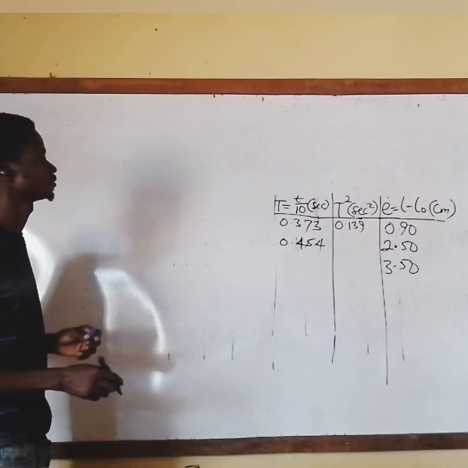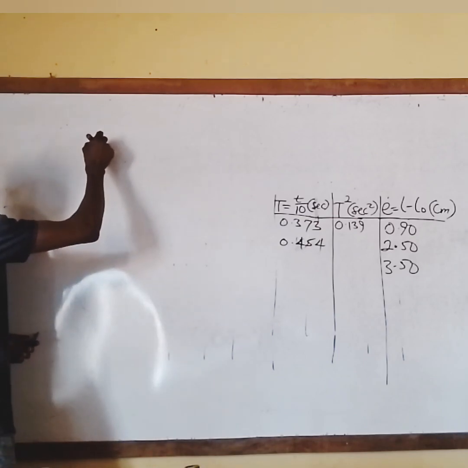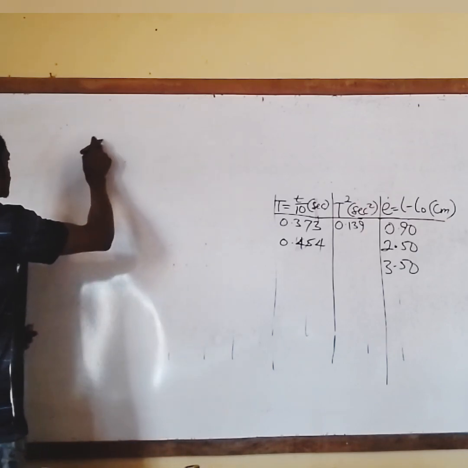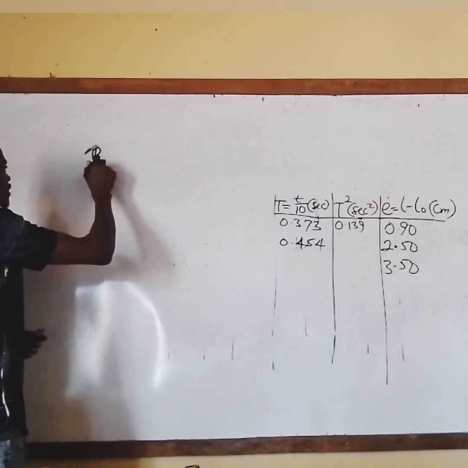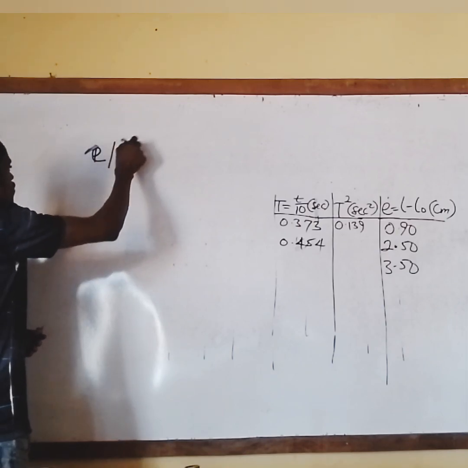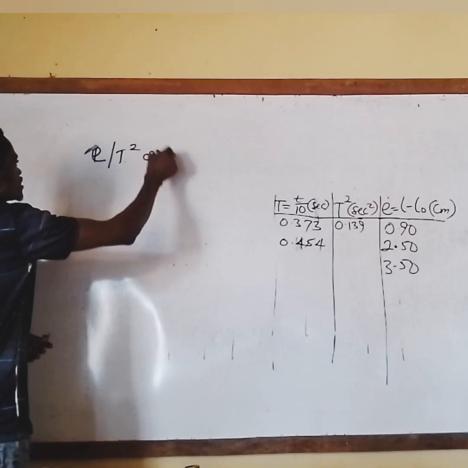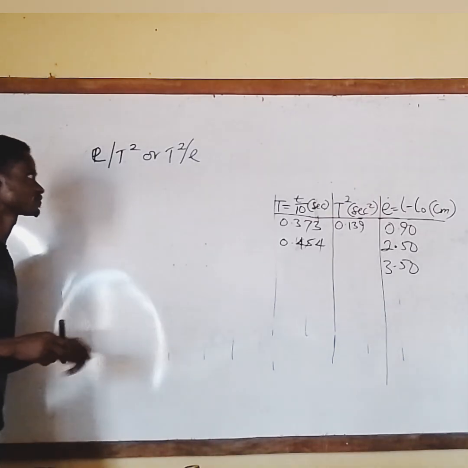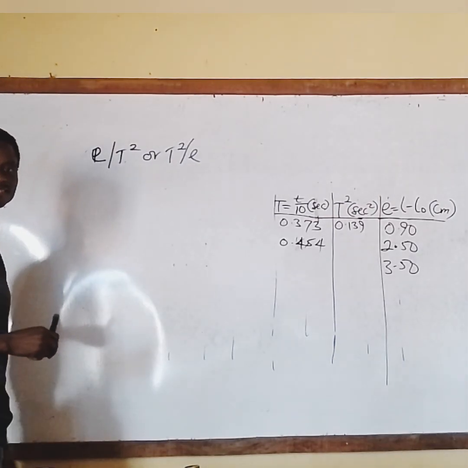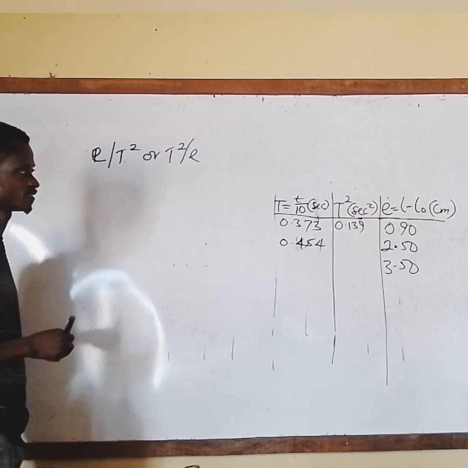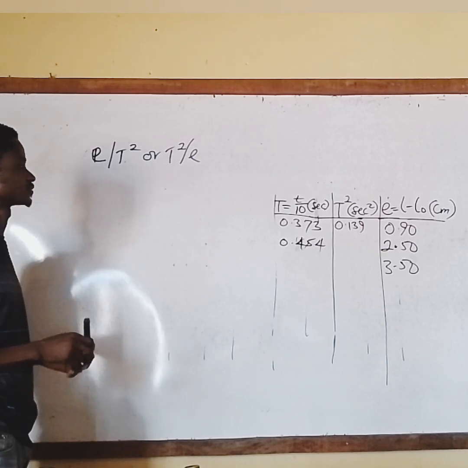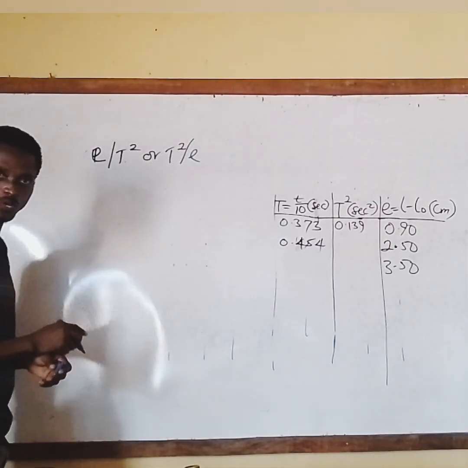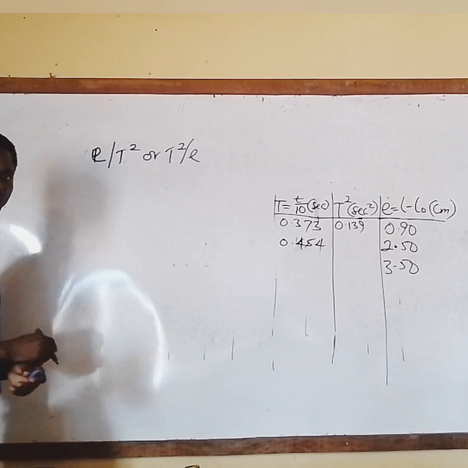I told you that we will be plotting a graph of E against T squared, or T squared against E. Did you get that? This E is like the extension. Are you following me? So if we plot a graph of E against T squared, how do we place units to that?